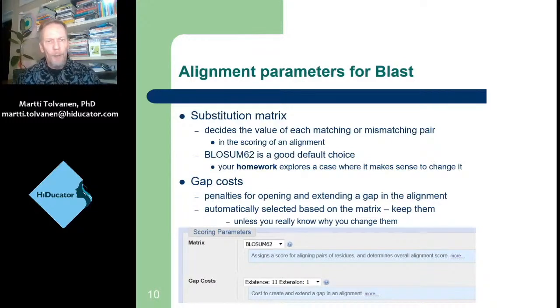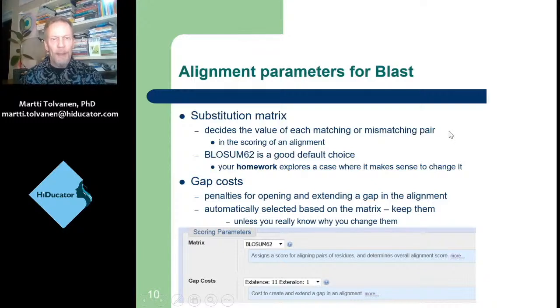Now, in the alignment parameters, one of the important ones is the substitution matrix. If we have 20 amino acids, not counting rarer cases, it will be a 20 by 20 matrix in which each cell gives a value of how many points we give for substituting one amino acid by another, or how many points we give for keeping the amino acid as it is.